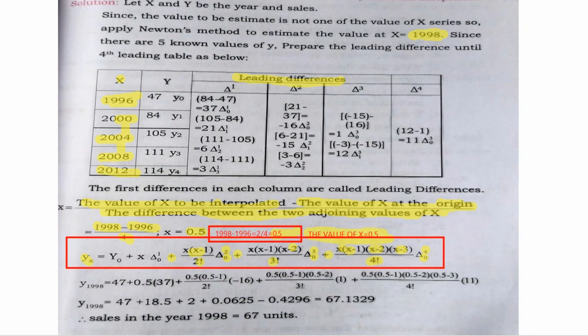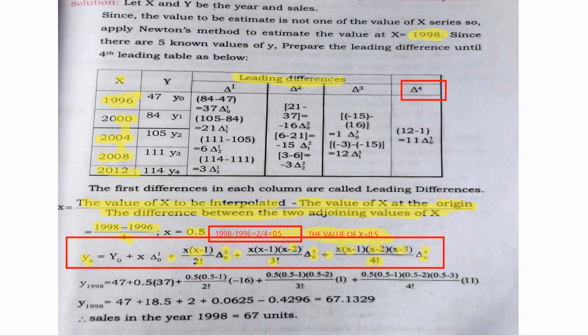If I take one more term, it becomes x into (x minus 1)(x minus 2)(x minus 3)(x minus 4) divided by 5 factorial delta naught to the power of 5. But here I have taken the leading differences only up to delta to the power of 4, because they have given only 5 known values.